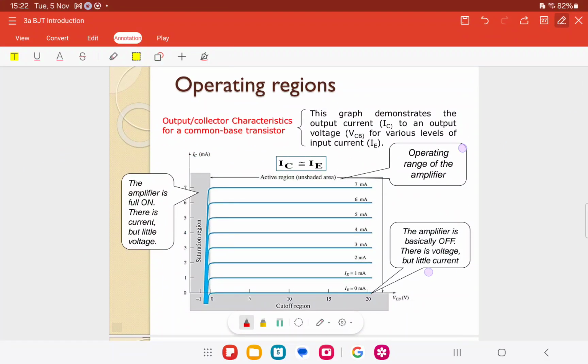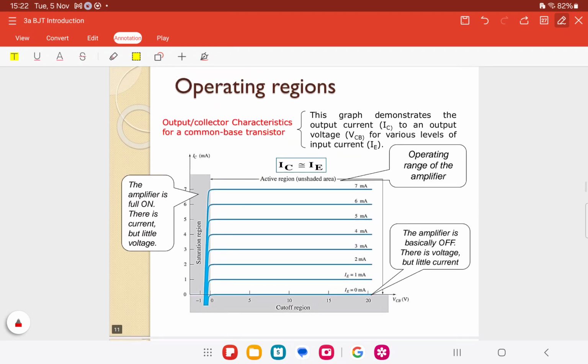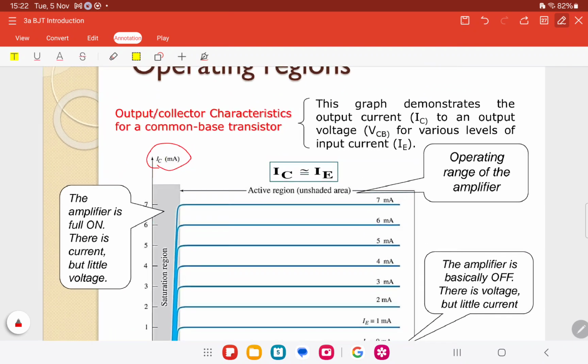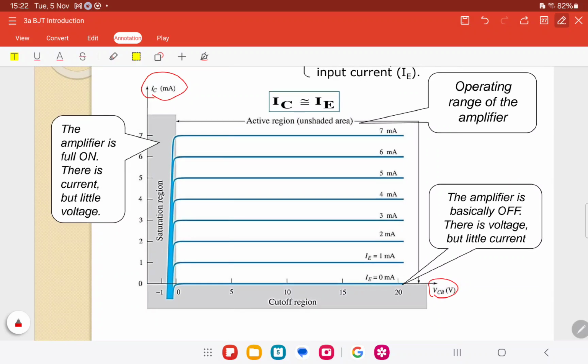Okay, remember in chapter 2 we looked at the IV characteristic. Same goes here. This one is also the IV characteristic, but this one we focus on IC and VCE. IC and VCE. Okay, and for this amplifier, this transistor is normally used in an amplifier or in switching.